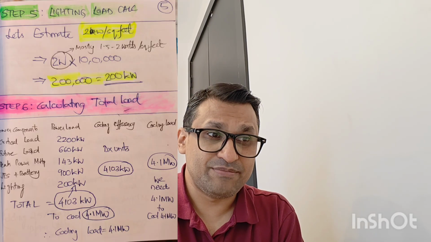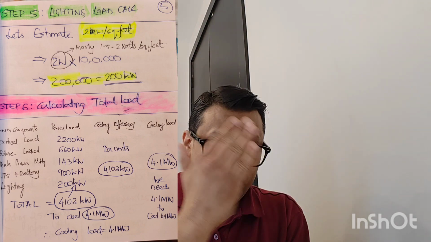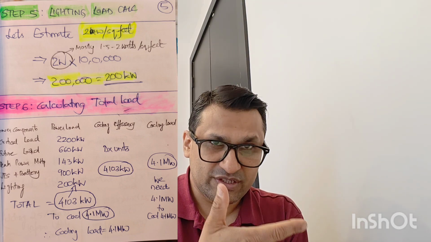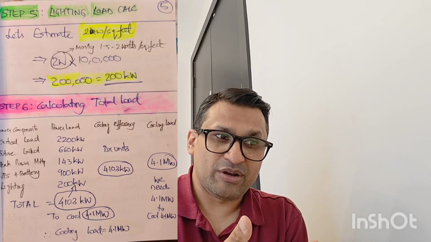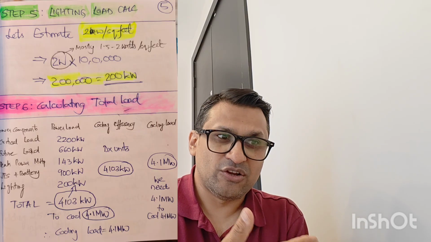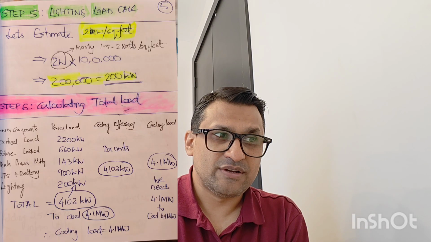So 6th step, calculating the total load now. If you consider all the total load calculations, number 1 is critical load, 2,200 kilowatt. You have the future load, 660. That was 30%. And then you have the peak power multiplier, 143. And then you have UPS and battery losses, 900 kilowatt. And then you have the lighting load of 200 kilowatt.